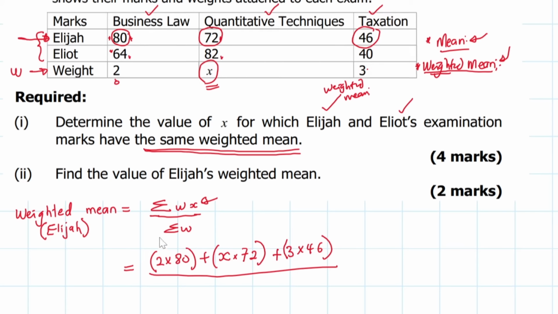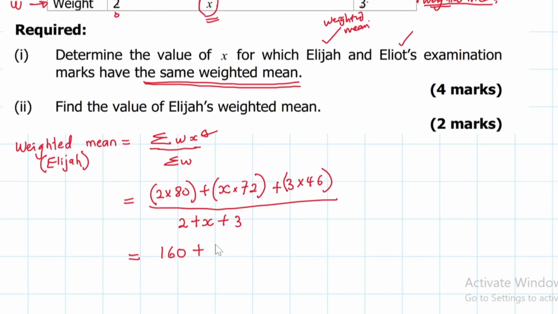Divide all that by the total weights. Now the total weights is this plus that plus that, which is 2 plus x plus 3. Of course, 2 times 80 is going to be 160. Then this is plus 72x plus 138. Divide that by 2 plus 3, which is 5, plus x.